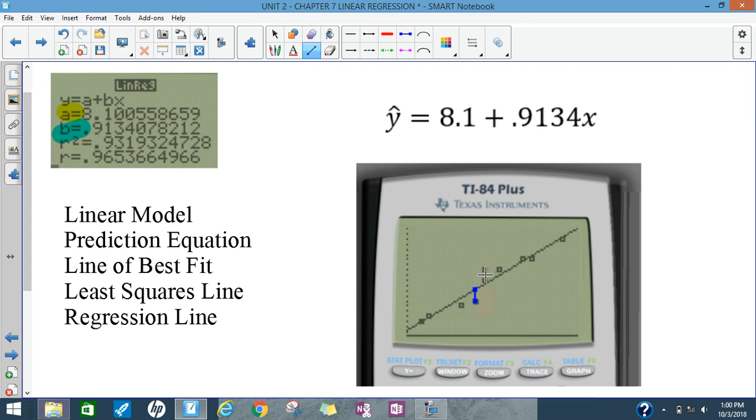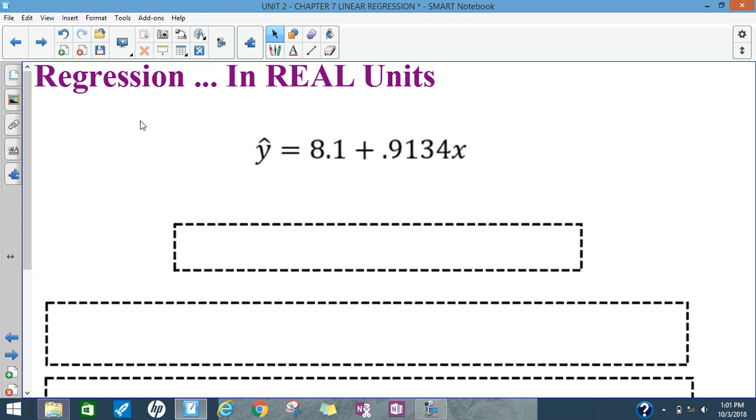So we have some above and some below, and so the points below will have a negative residual, the points above will have a positive residual, and the points that are right on the line will have a residual value of 0. And it just sort of speaks to the distance that that data point is away from our predicted line. We'll talk more about residuals here in a minute or so.